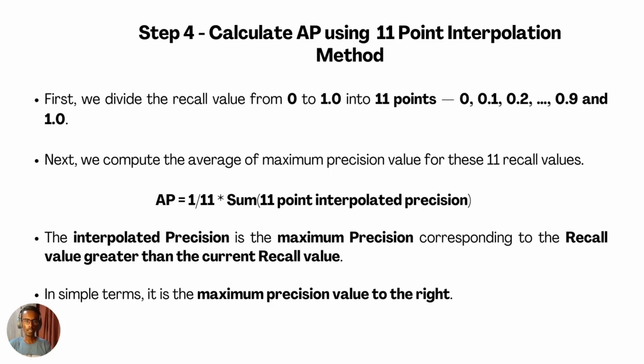So what's new about the 11-point interpolation? The first thing that we need to do is divide the recall value, which ranges between 0 and 1, equally into 11 points using a range of 0.1. So you have 11 points starting from 0 up to 1, such as 0, 0.1, 0.2, and so on.